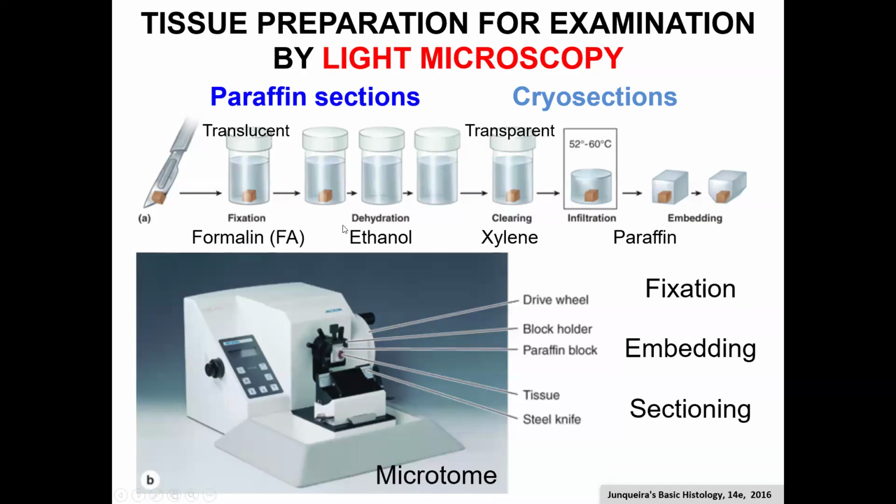And the dehydration, it's done with ethanol. And the piece of tissue is passed through solutions that contain increasing concentrations of ethanol. Ethanol, it's an alcohol, and it removes the lipids, and it replaces the water. But the next step would be to infiltrate the tissue with molten paraffin.